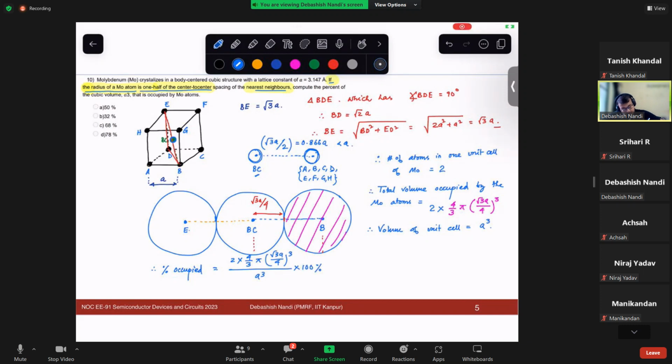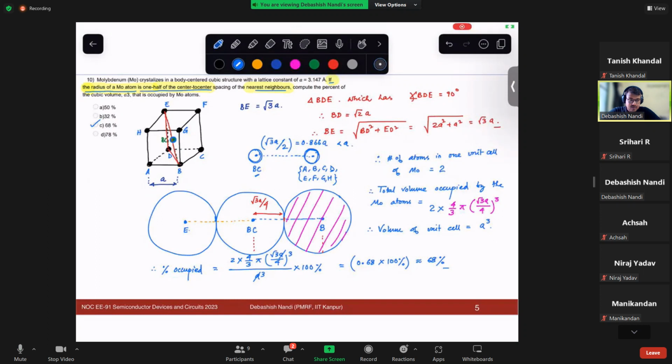This will give you 0.68 into 100%, because the a cube will get cancelled, and the others are just constants. So it will give you around 68%. So C would be the right answer.